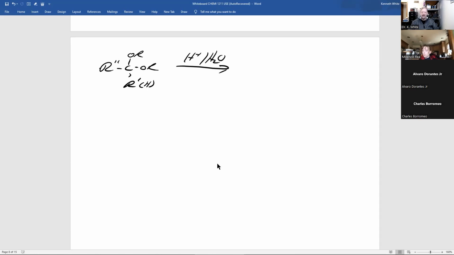If you take a hemiacetal or acetal or ketal and you react it with acid and water, you get back the aldehyde or ketone plus the alcohol you would have used to make that acetal or ketal. Now, what do you have in your stomach? HCl, H plus, acid. What do you have in your stomach? Water.